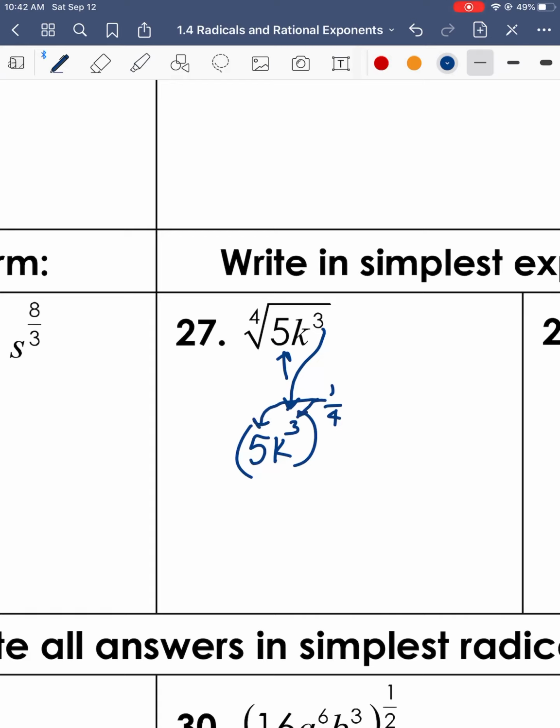So if we carried out this power of exponents, we would have 5 to the 1/4, k to the 3/4. Both have a denominator of 4, and then the exponents of 1 and 3.